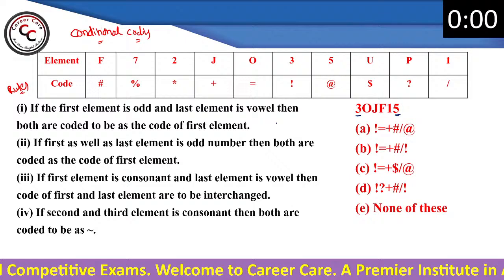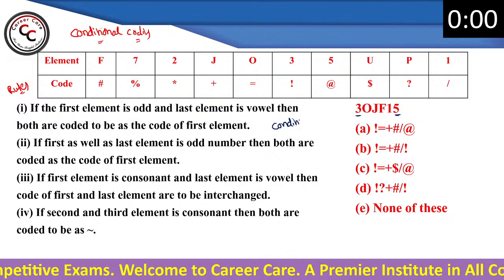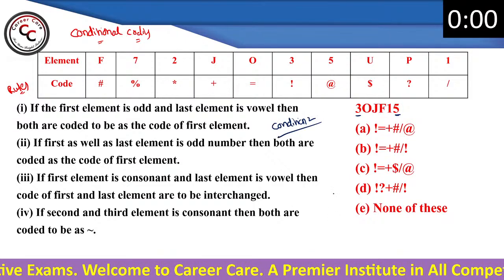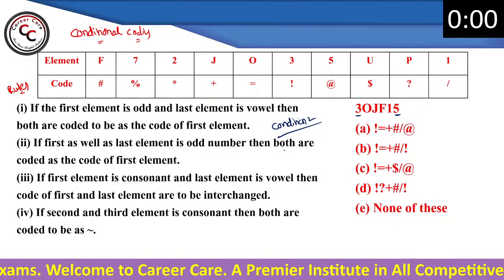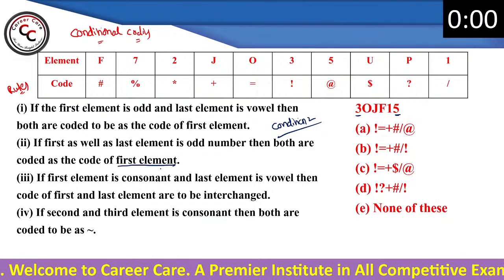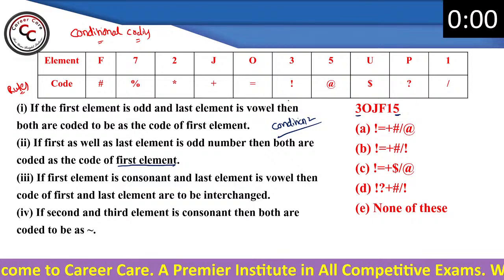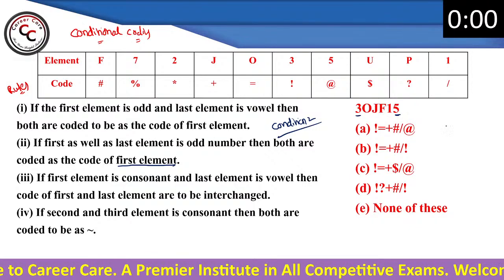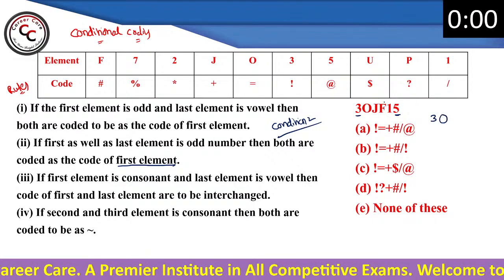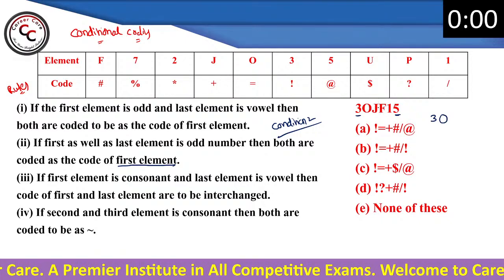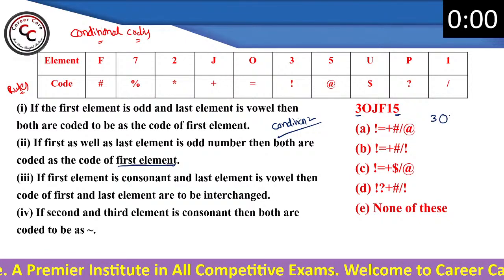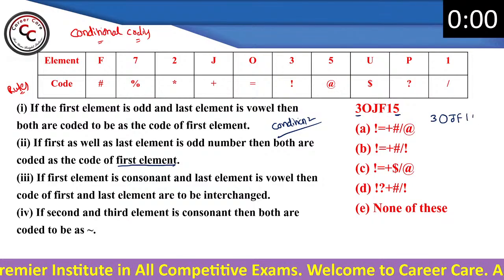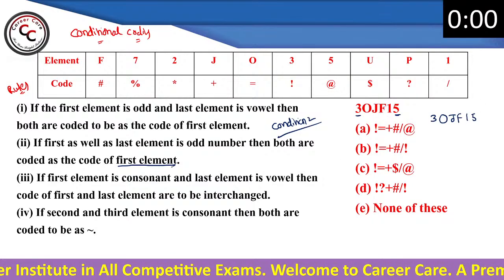So I can apply condition number 2. And according to condition number 2, what he is saying, both are coded as code for first element. Okay, I didn't get answer so far. So here 3 O, make sure that this is O, not 0. J F 1 5. So both are coded as code for first element.